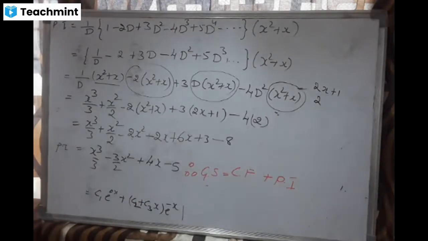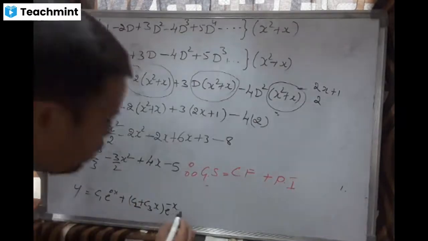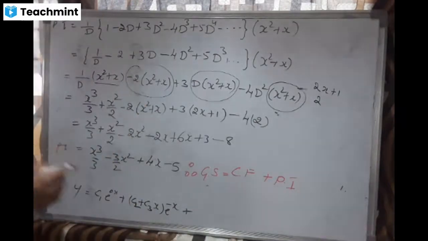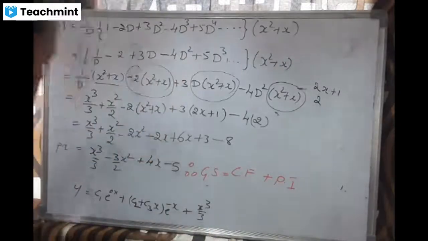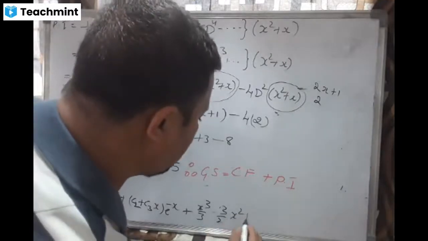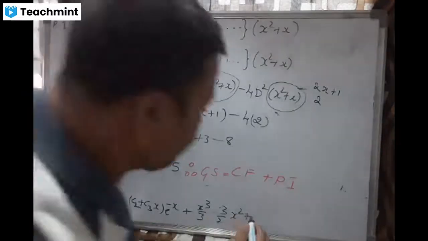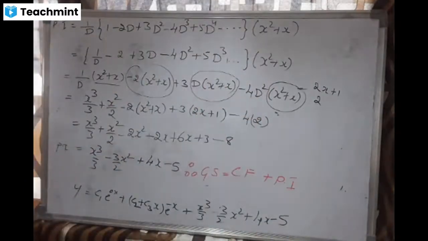Therefore, y is equal to, that is my general solution. y is equal to C1 plus e raised to 0x plus C2 plus C3, plus whatever the PI is there. PI is here, that is x cube divided by 3 minus 3 divided by 2 times x square plus 4x minus 5. So this is my general solution.